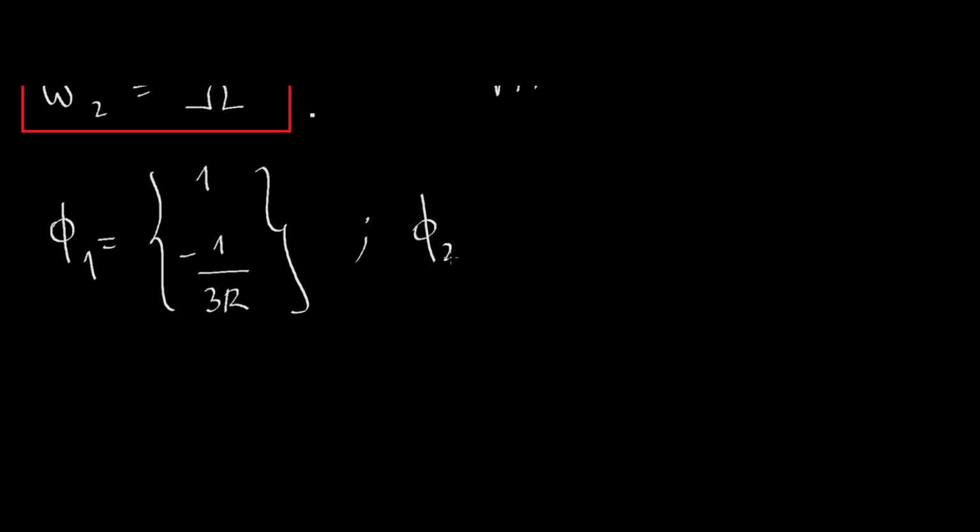The results for these two mode shapes are, for the first mode, 1 and minus 1 over 3r, and the second mode is 1 and 2 over r. Okay, so that's it. There are a lot of algebraic operations that I will leave up to you to complete.